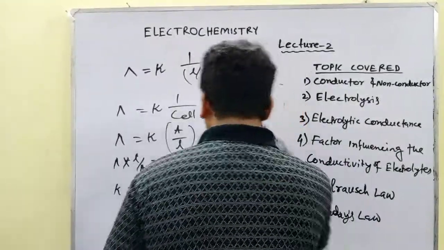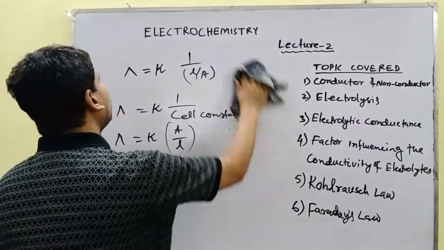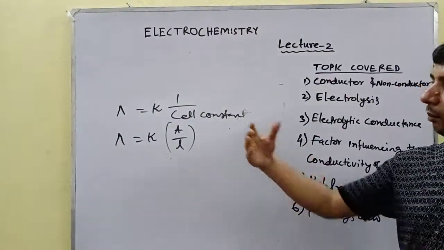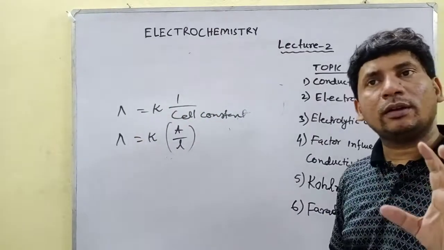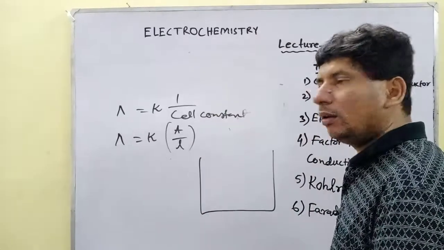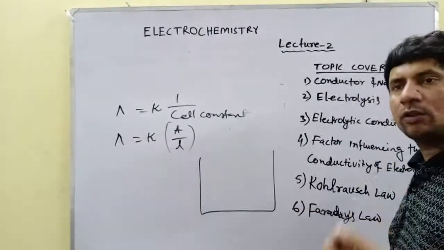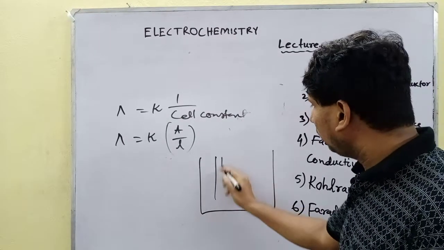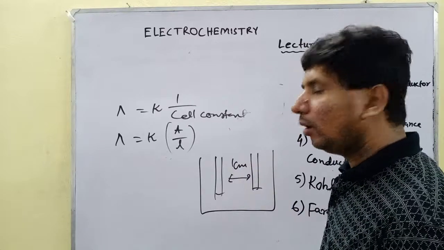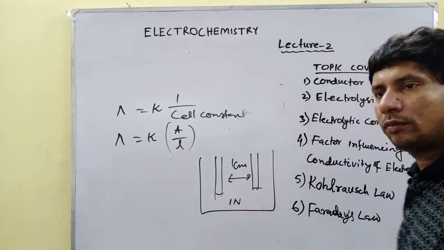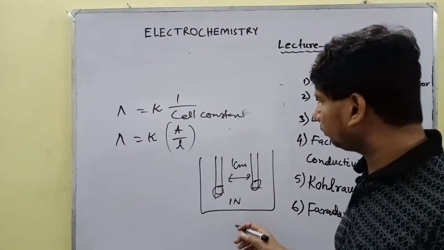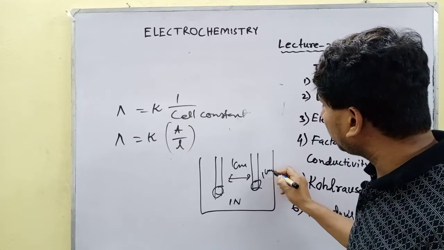If lambda is the conductance when the solution is 1 normal, that is when 1 gram equivalent amount of electrolyte is dissolved in 1 liter solution, and the distance between the two electrodes is 1 centimeter, and the area of the cross section of the electrode which is deep in the solution is 1 centimeter square.